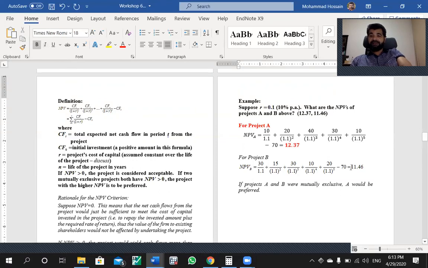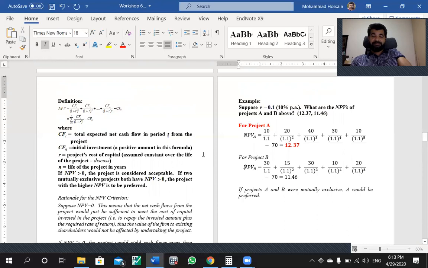Okay, you can see this. So if we use normal NPV, net present value, project A will be chosen.